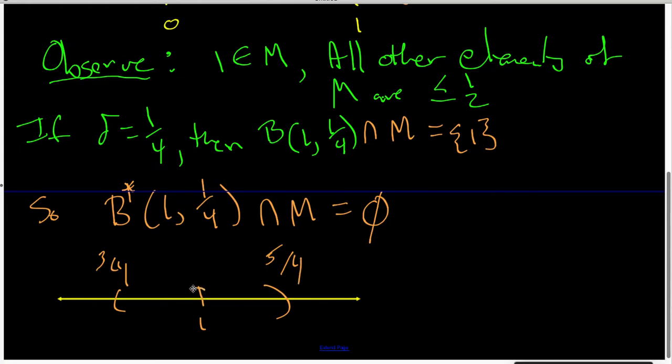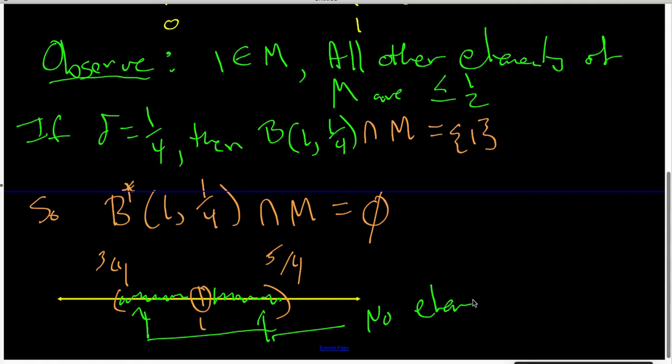Since I am puncturing it, I no longer have that element inside the punctured ball, and there are no elements of M that lie in that interval. So there are no elements of M in the green part.